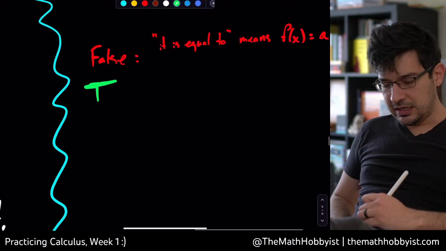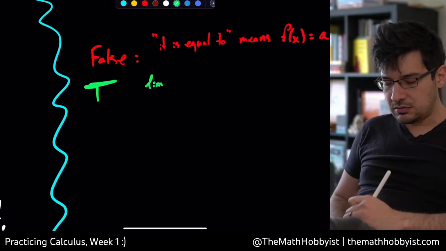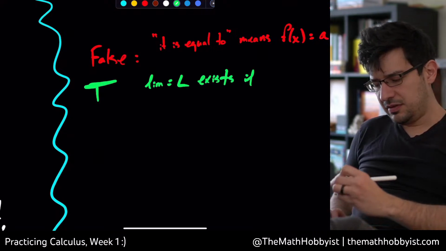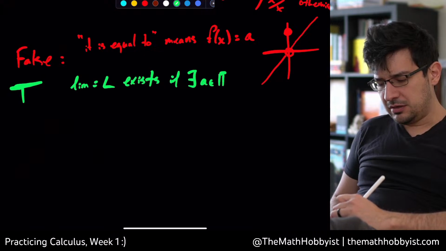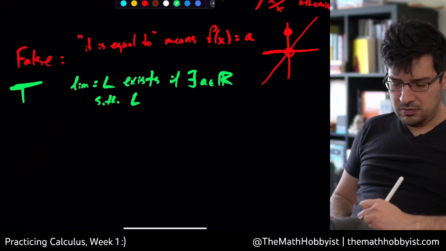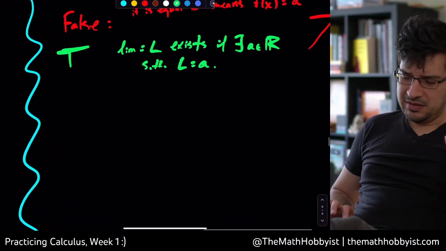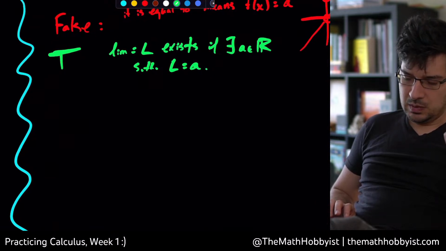But if we take it very literally, we're saying a limit L exists if there is some real number that it is equal to.